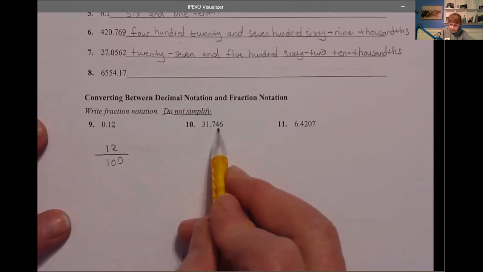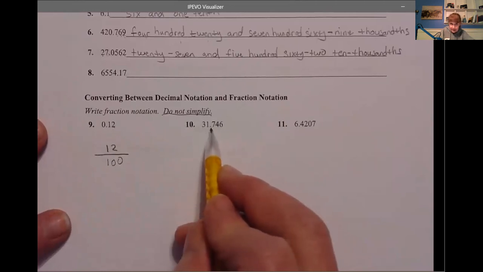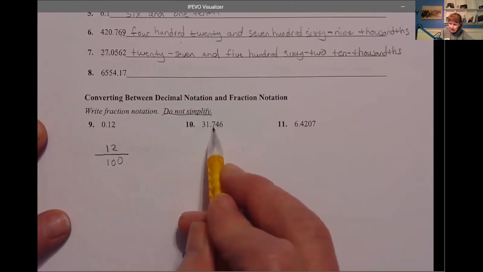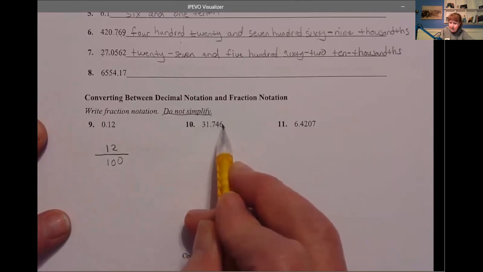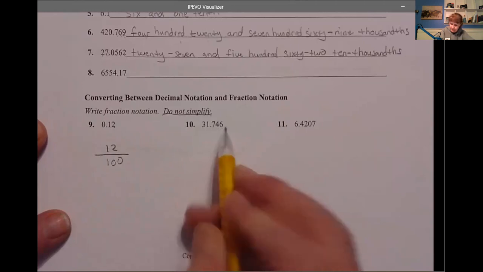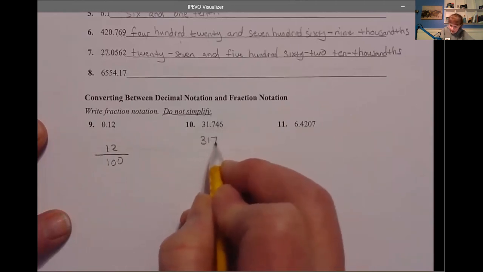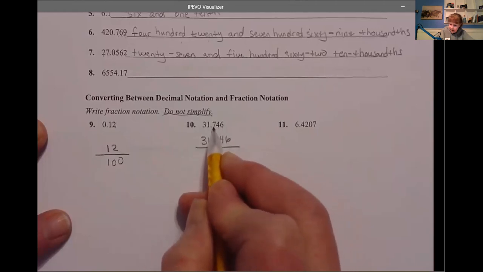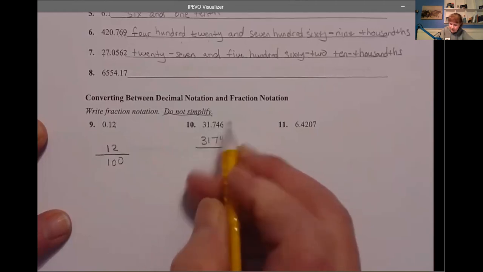This one right here, 31 and 746: tenths, hundredths, thousandths. So we write it. And again, this was tenths, hundredths, thousandths.